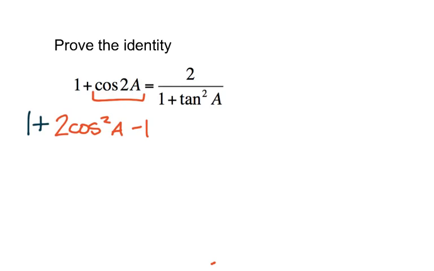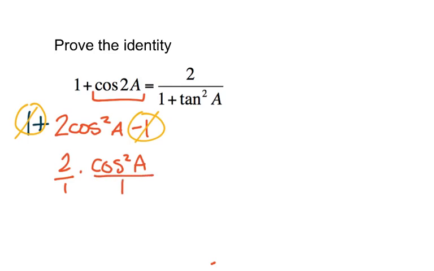So this guy here and this one here. So now we have 2 cosine squared of a, and of course 2, if we want to separate this, could be 2 over 1, and cosine squared a could also be over 1. And so if we do that, we can actually change it.